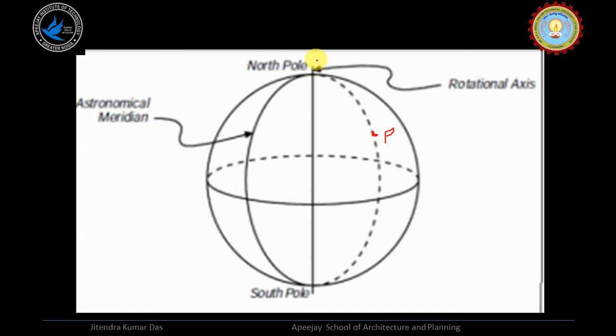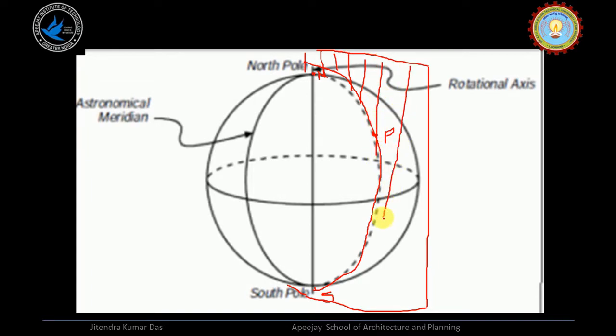How can we establish it? We imagine a plane which passes through the geographic north, the geographic south, and the point at which we want to know the bearing. A plane which passes through all these three points, this imaginary plane, is our true meridian.